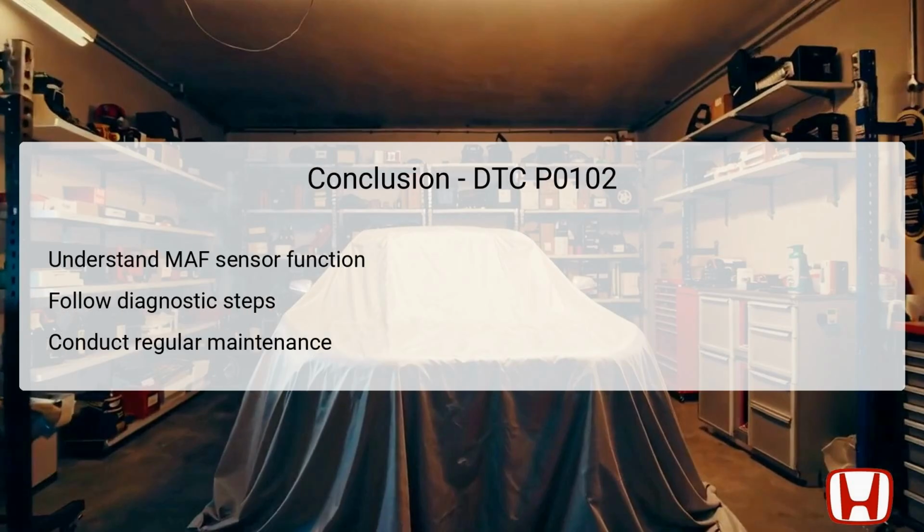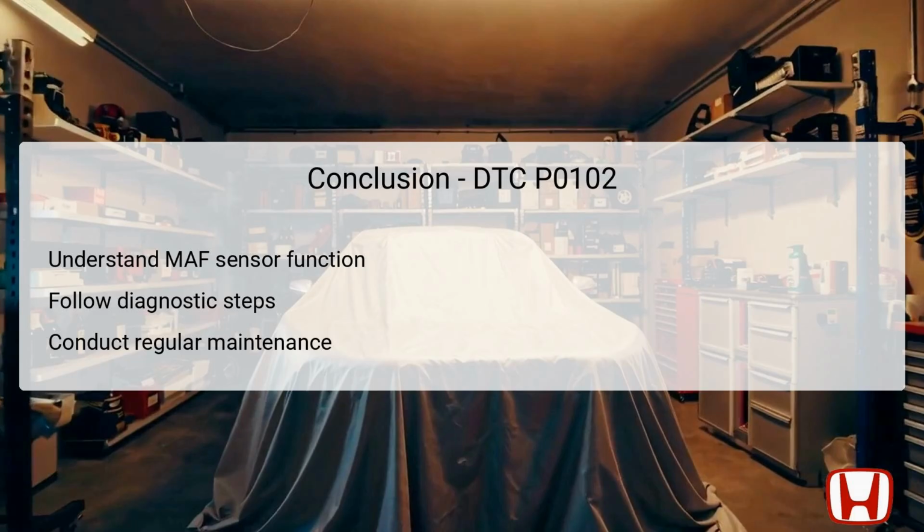In conclusion, diagnosing and addressing DTC P0102 requires a clear understanding of the MAF sensor's function within the vehicle's air intake system. Following a systematic approach to troubleshooting, including voltage and resistance testing of sensor circuits, ensures thorough diagnostics.